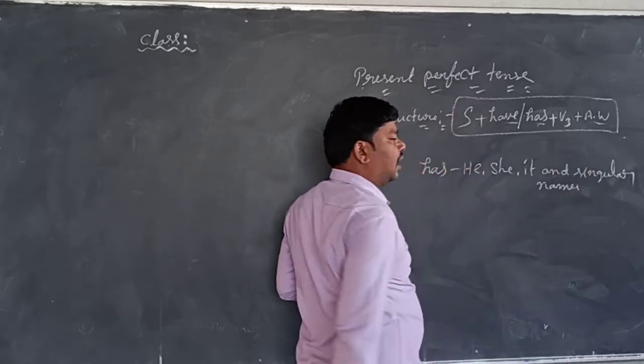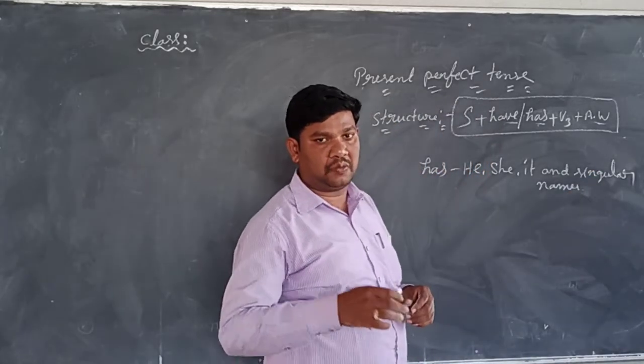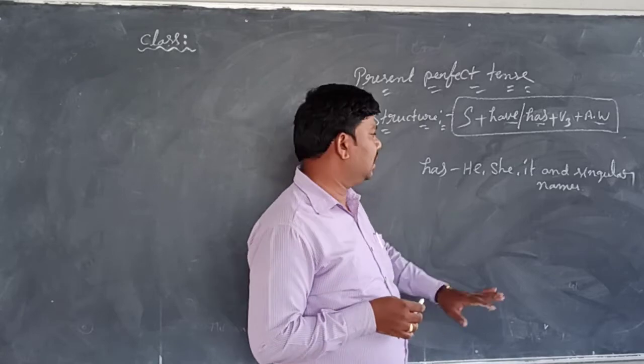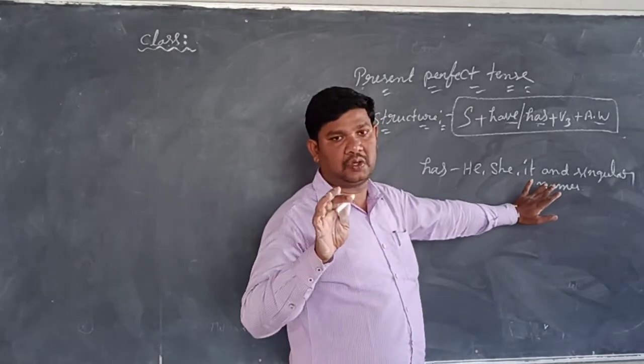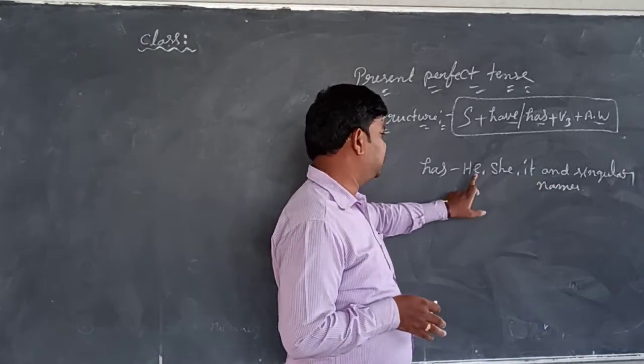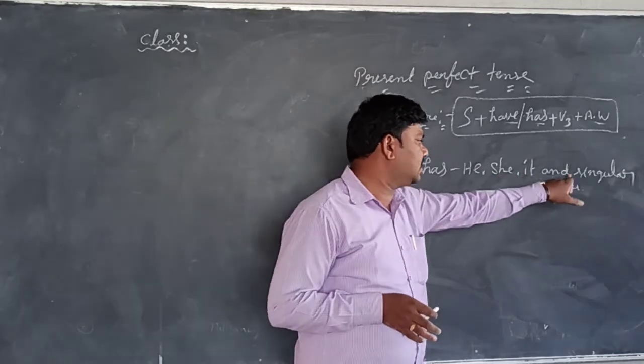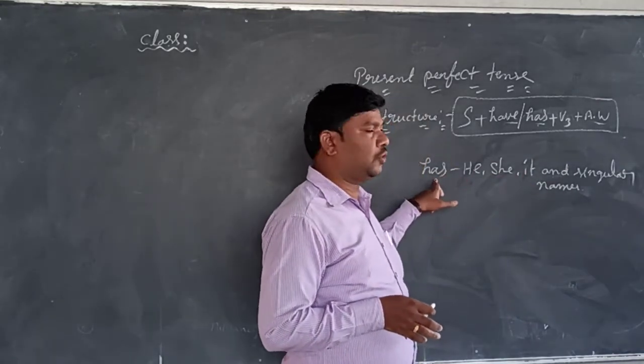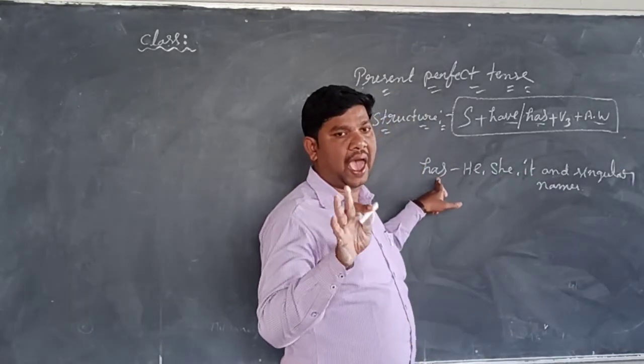Singular names means Raju, Raghu, Geeta, Sunita, Mr. John, Mr. Sunil. All these are individual singular names. For those subjects, he, she, it, and singular names, we take the helping word has only.